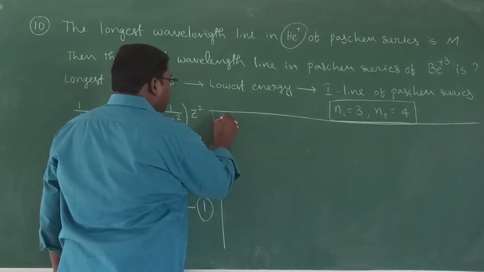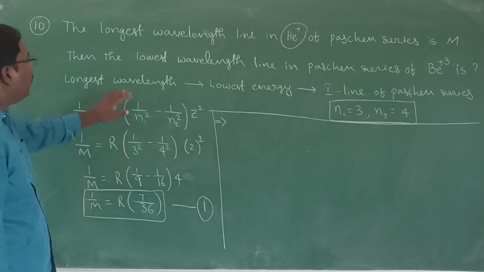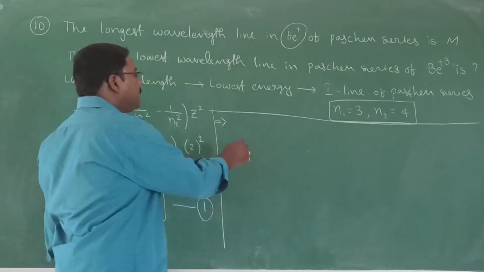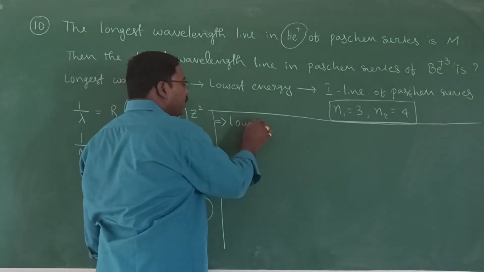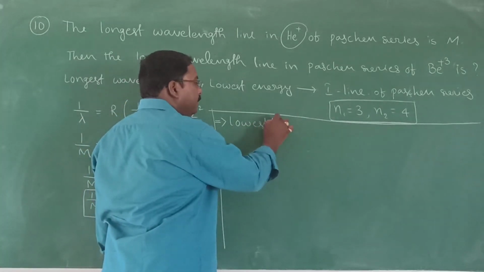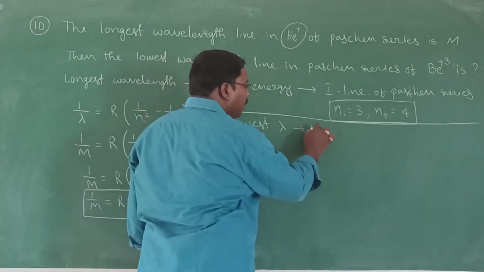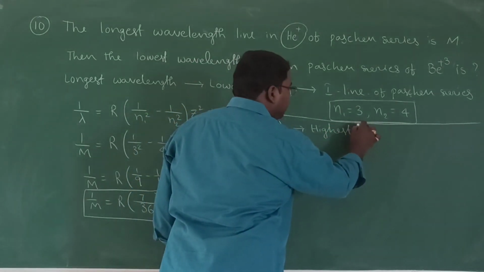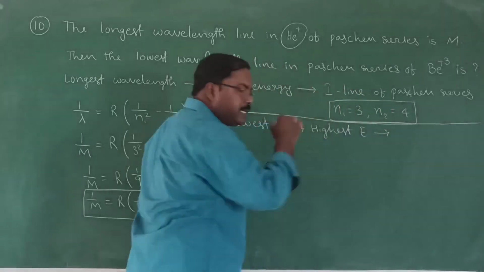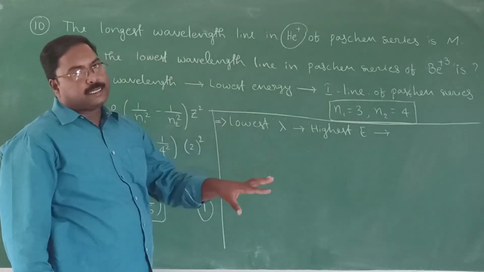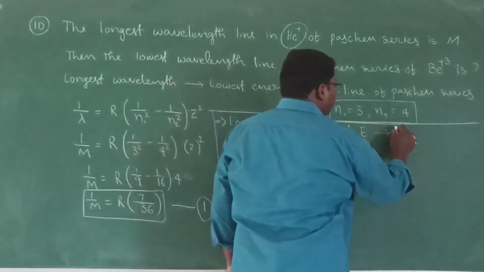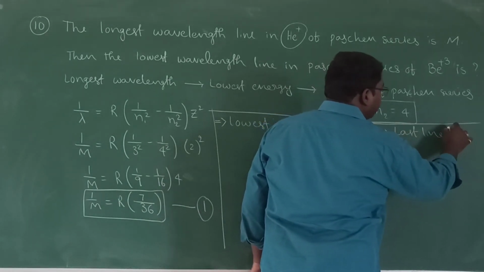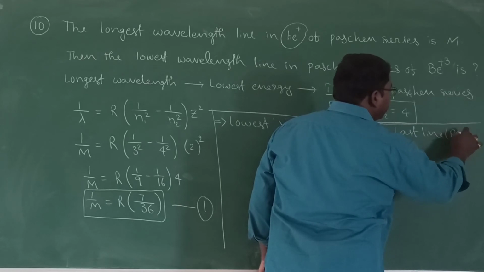Now, coming to the second data, the lowest wavelength line. Lowest wavelength is nothing but highest energy. Highest energy means the last line. Which series?